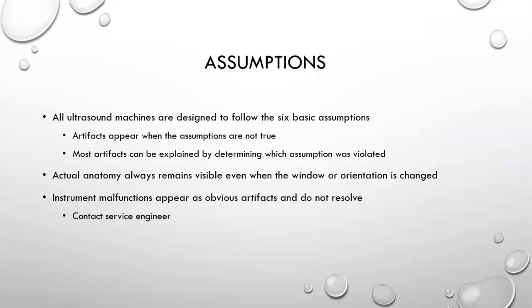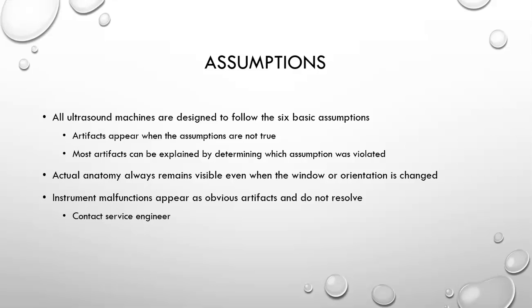So, anytime these assumptions are not followed, an artifact can appear. Most artifacts can usually be explained by determining which of these assumptions was violated. It's not always necessary, but it can be useful. The actual anatomy will always remain visible if you change the window or orientation.